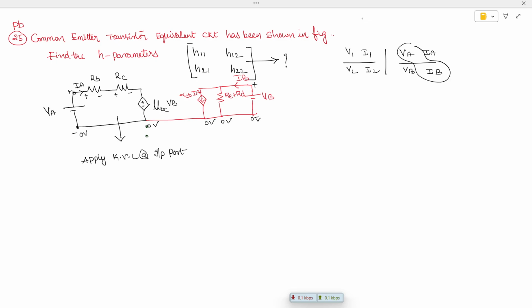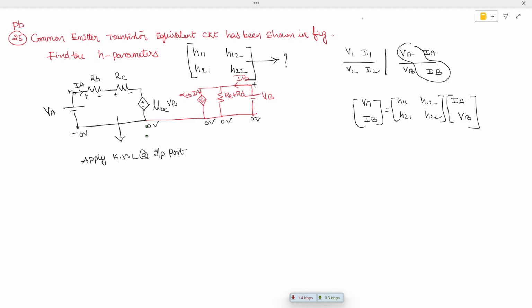So now we want to write VA and IB in terms of H11, H12, H21, H22 multiplied with IA and VB.